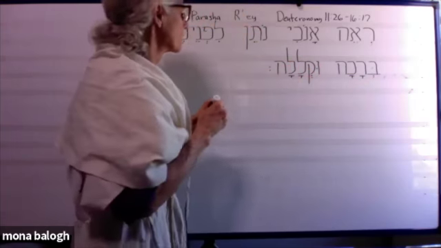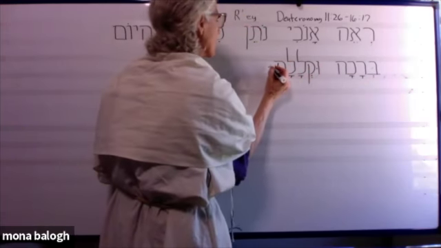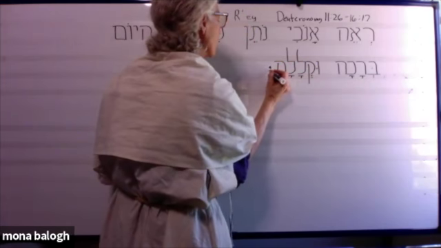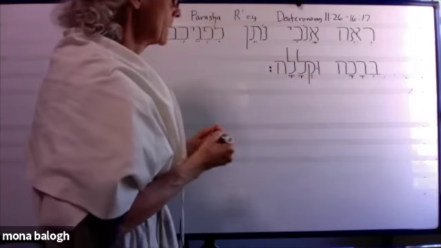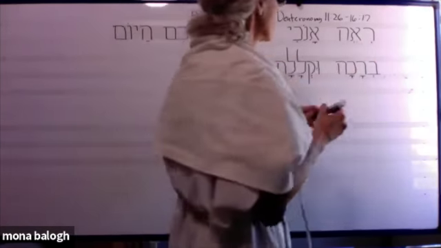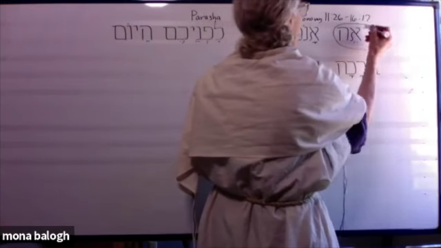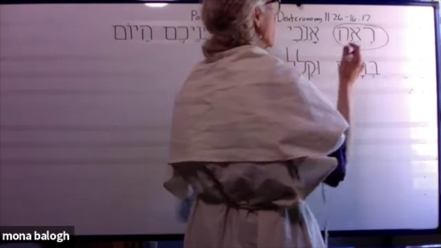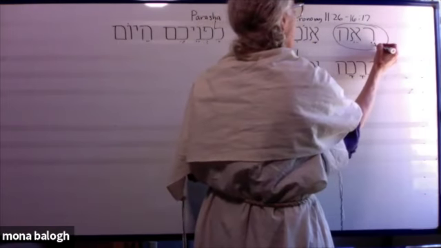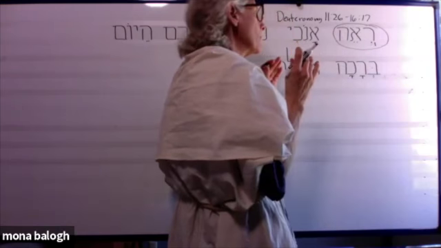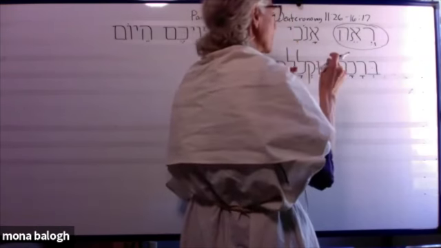And then you've got these little diamonds that separate the verses from each other. Okay, so what does that mean? Re'eh is a verb. So we're going to circle that. And Reish, and you'll learn all this later, but Reish is the first letter of the foundation or lexicon root.